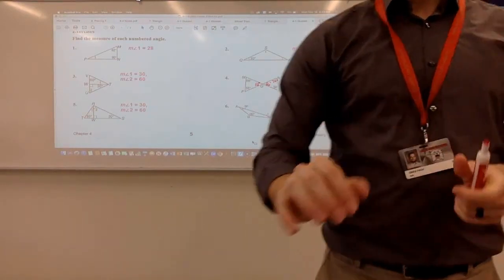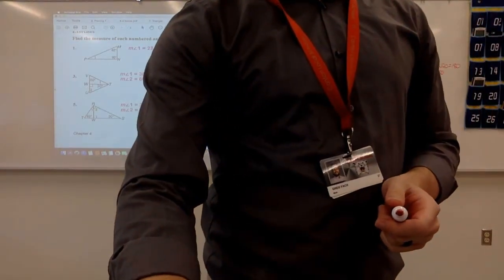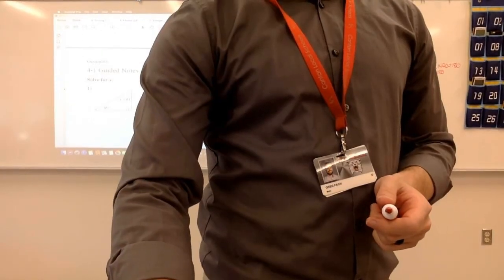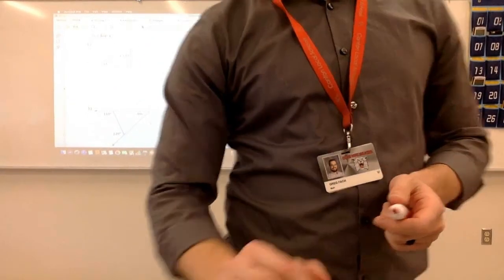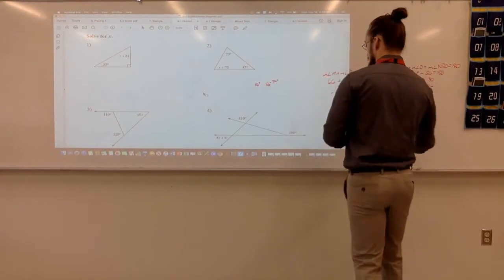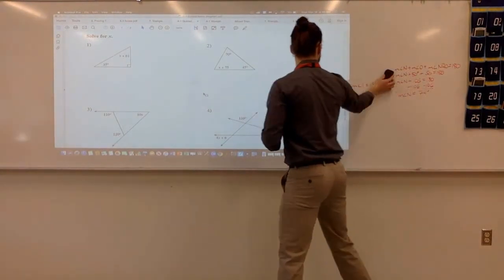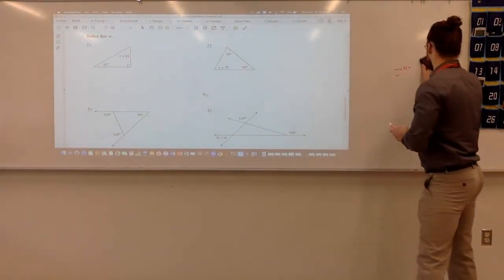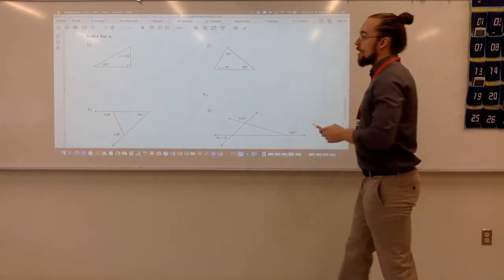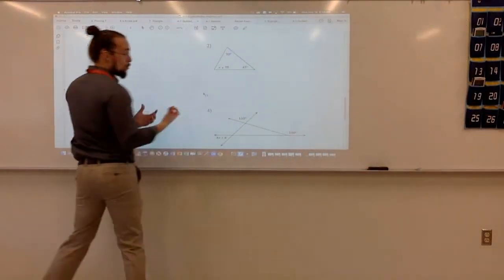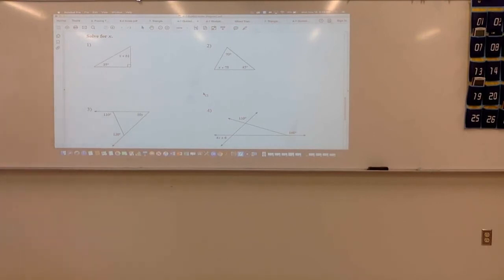All right, let's flip over to the back then and throw in some variables. So we're going to use this same idea that all the angles of a triangle add to 180.